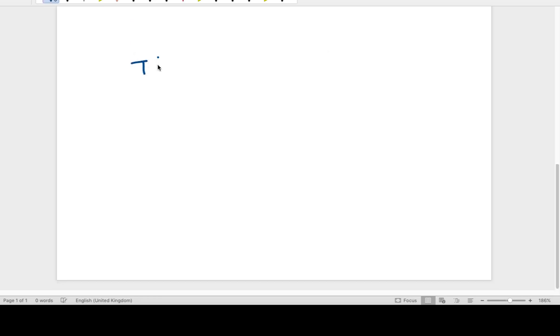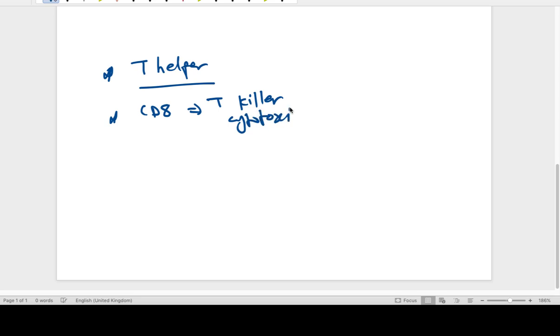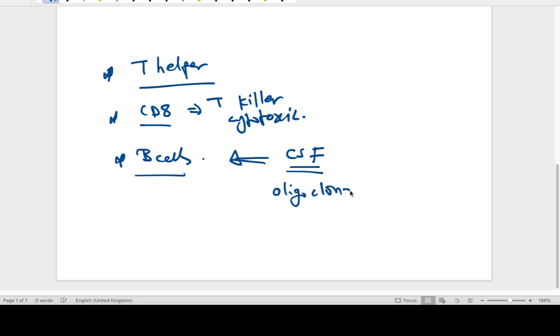مش بس T helper cells play a role in the destruction، بس كمان في عندي CD8 اللي هم T killer cells or cytotoxic cells. T cytotoxic cells also are thought to play a role, and B cells also play a role in the destruction. الإيفيدنس إنه كيف ال B cells are involved عن طريق إنه when we examine the CSF of patients with multiple sclerosis رح نلاقي عندهم إشي اسمه oligoclonal bands. هذه رح نحكي عنها بالمحاضرة إن شاء الله.